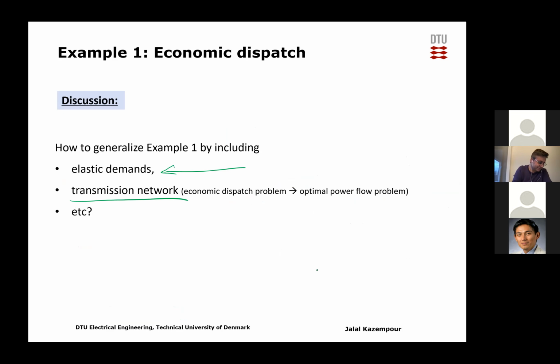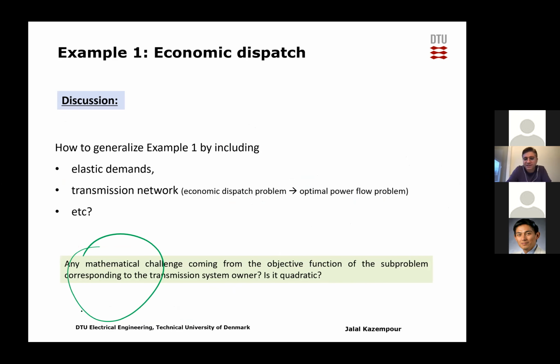Good, very nice. Any mathematical challenge? If we add a transmission system owner, do we have any mathematical challenge? Yes, Carol. As Carol said, the congestion rent is a linear function.